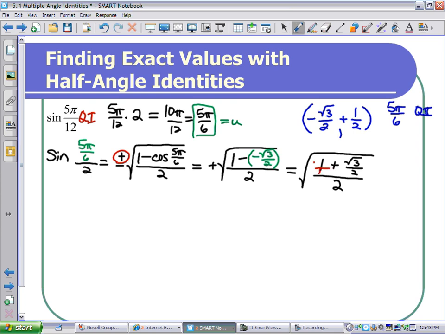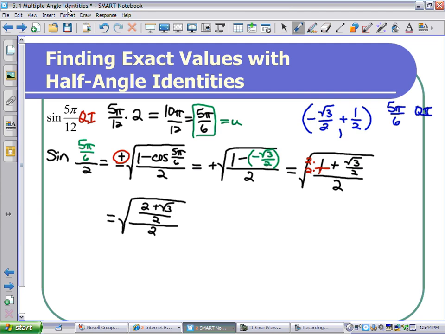So I'd have to multiply the top and the bottom both by 2. So now I have 2 plus the square root of 3 all over 2, all over 2. That was by adding the two fractions in the numerator.